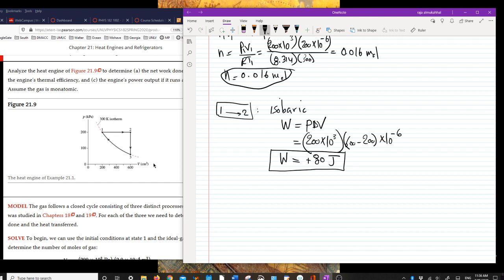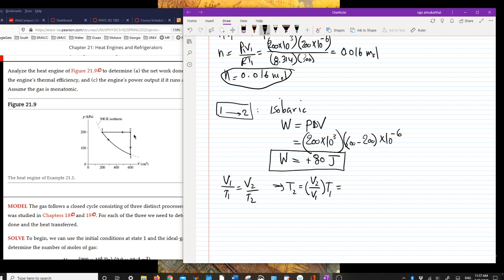What about the temperature? Let's say I want to know the temperature here at T2. The isotherm is 300 Kelvin. What is the temperature here? Well, since it's isobaric, which means the same pressure, I can use V1 over T1 equals V2 over T2. Therefore, T2 is equal to V2 over V1 times T1.